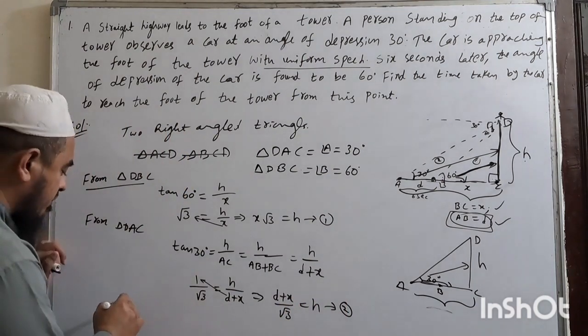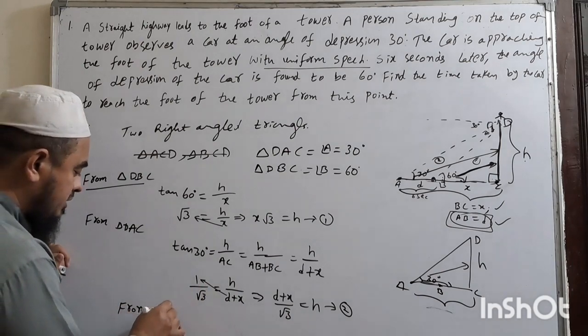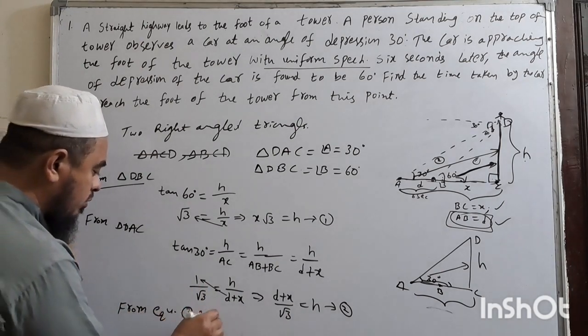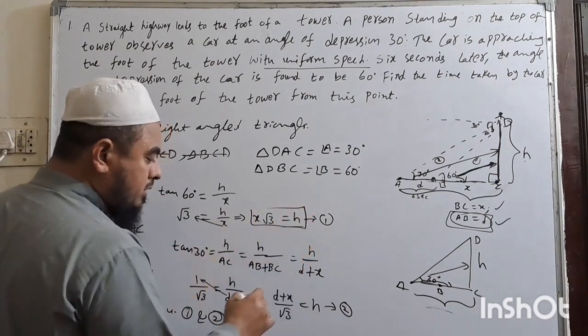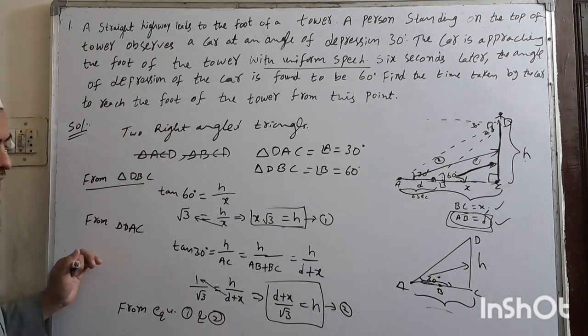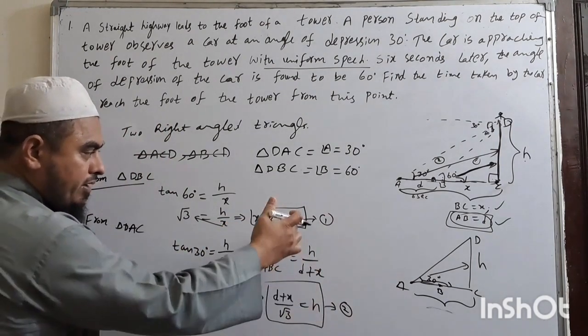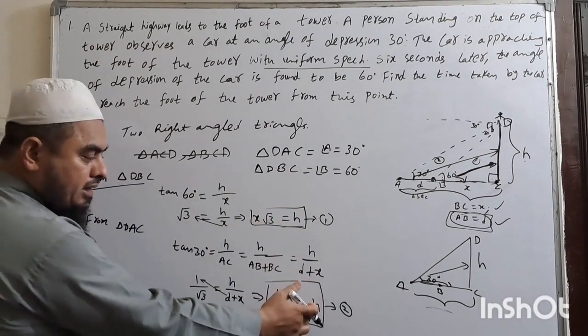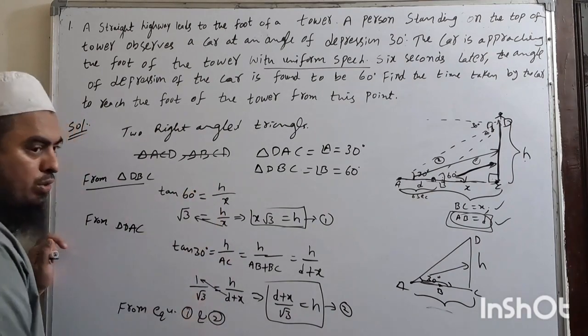So from equation 1 and 2, what we got: H is equal to X root 3, and here we got H is equal to X plus D by root 3. The right hand side of equation 1 is H and the right hand side of equation 2 is H, so the left hand sides are also going to be equal.